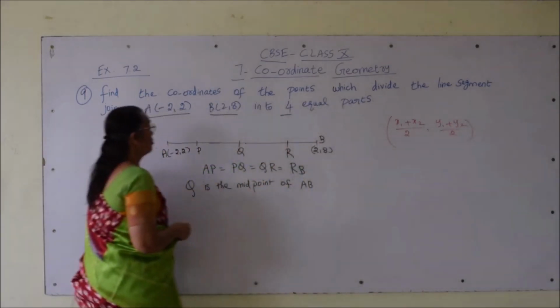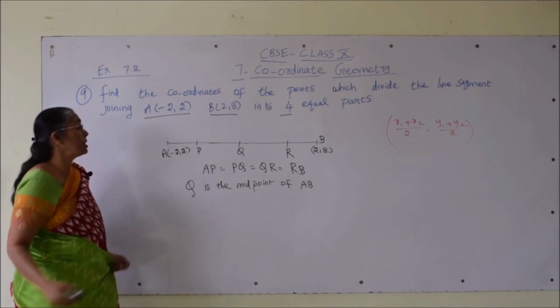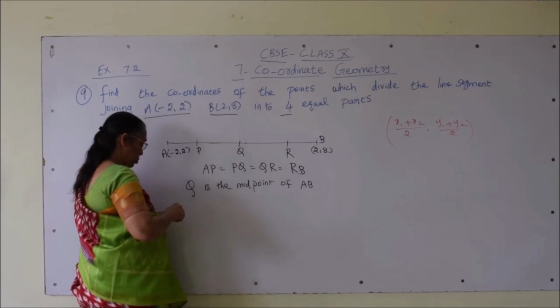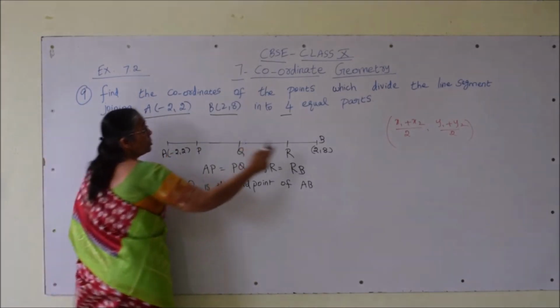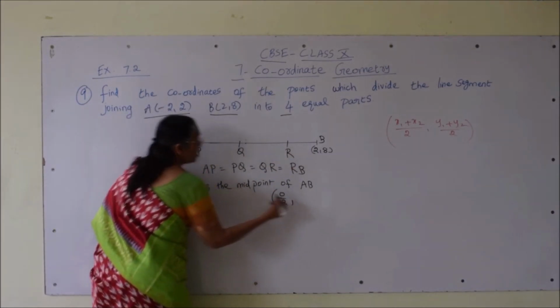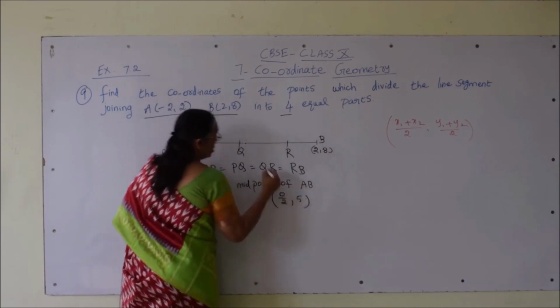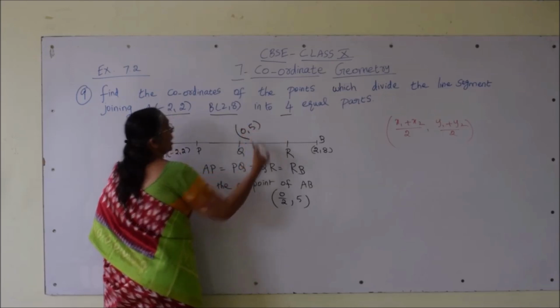So, using that formula, the coordinates of Q: x1 plus x2 by 2 is minus 2 plus 2 which is nothing but 0. 0 by 2 is 0 only, and 2 plus 8, 10 by 2, 5. So, we got the coordinates of Q as 0, 5.